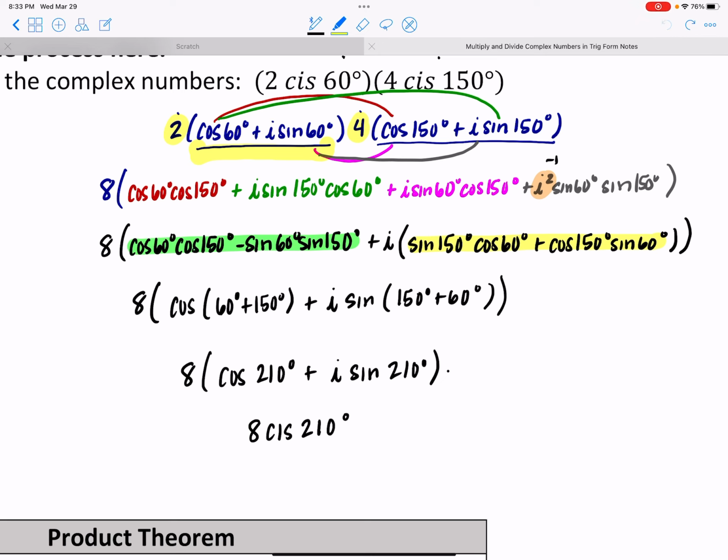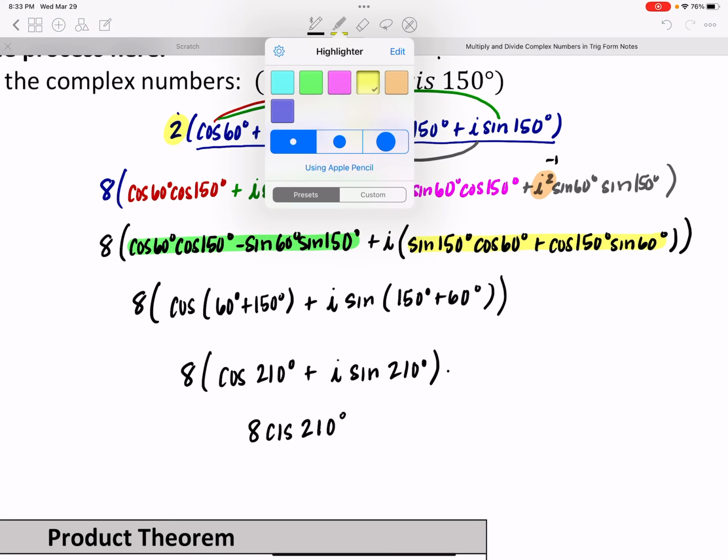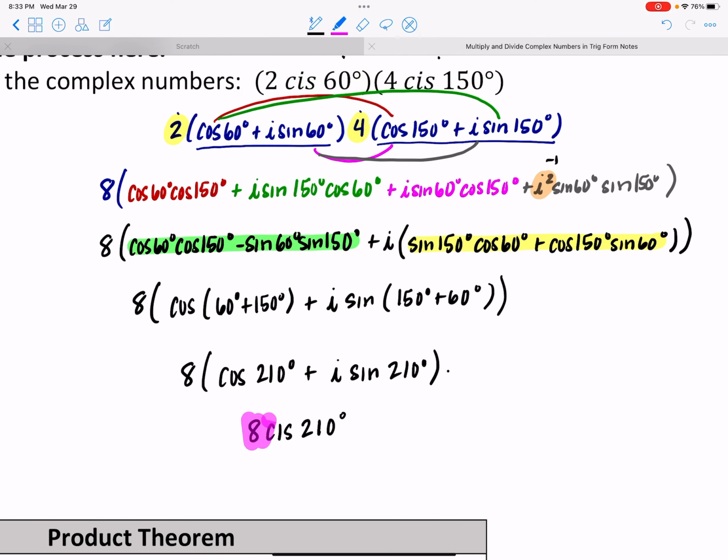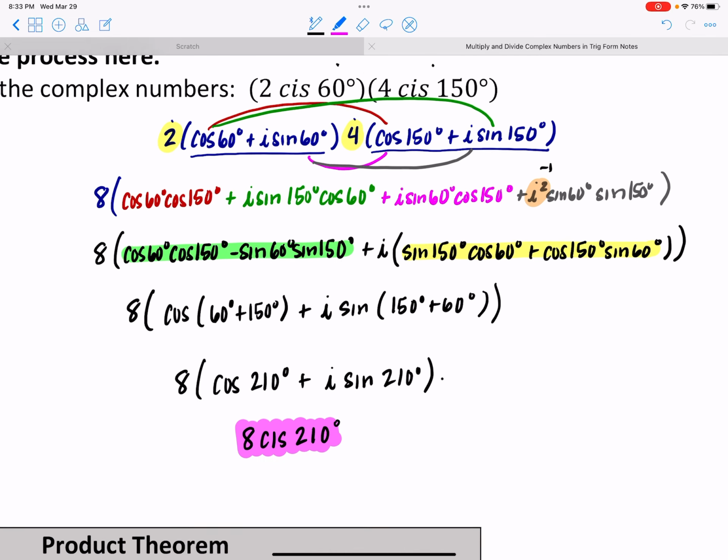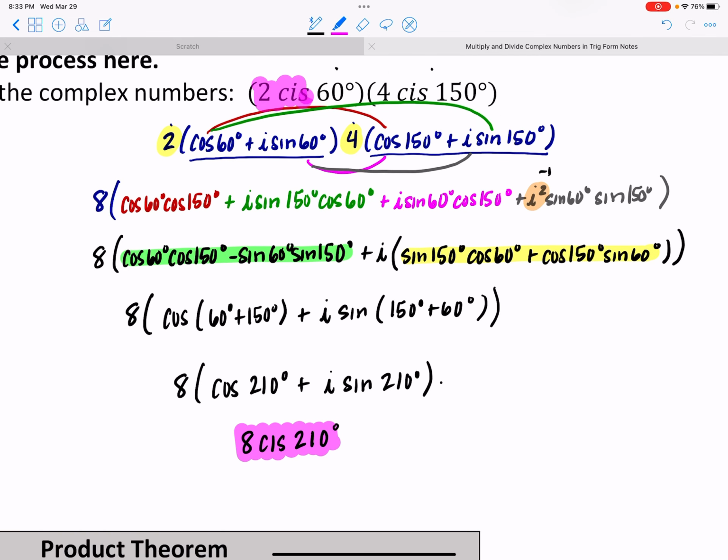And so I always end up being able to condense using the sine of the sum and the cosine of a sum. Now, just to streamline the process, let's compare the condensed form of our answer to the condensed form of our product to see, can we bypass all of this work if the same patterns are going to occur?